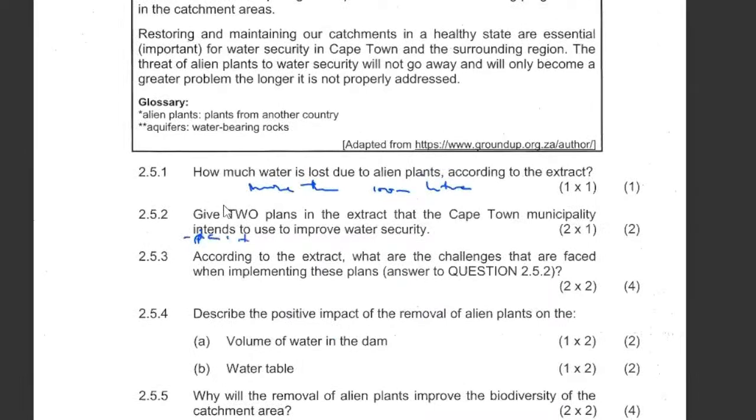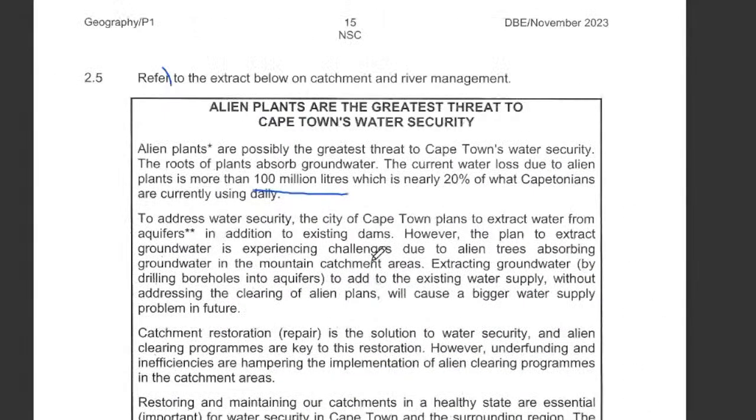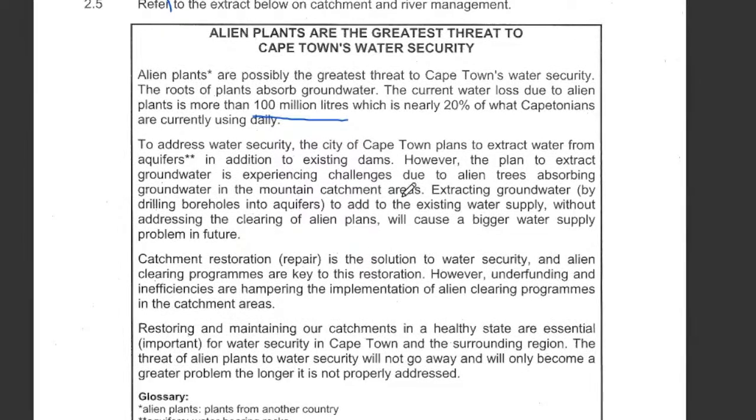Number two, the plan to extract water from underground is experiencing challenges due to aliens absorbing water from underground, drilling boreholes and all.